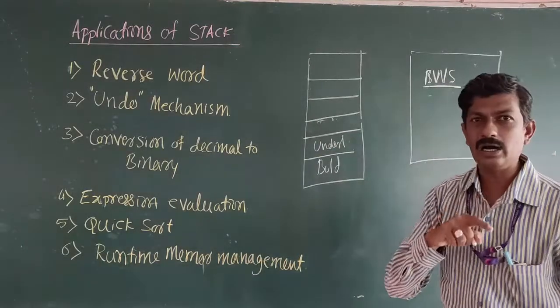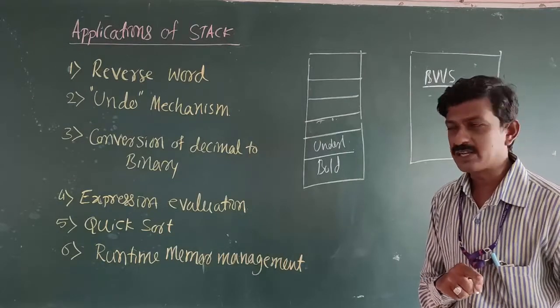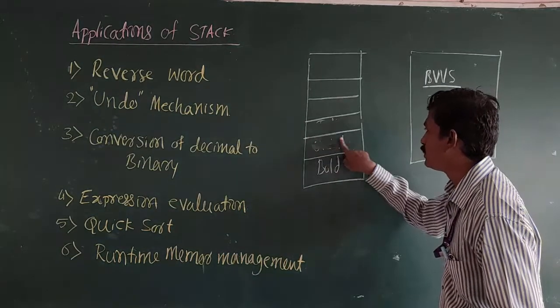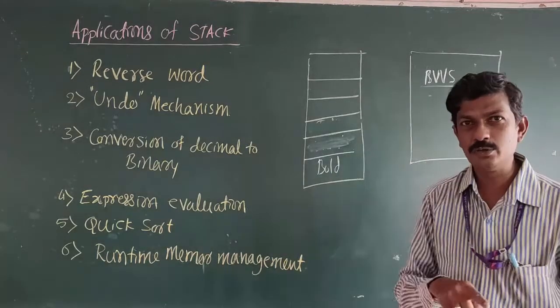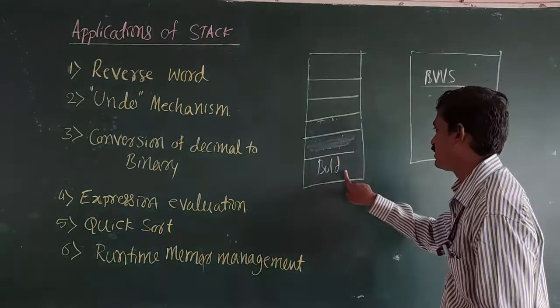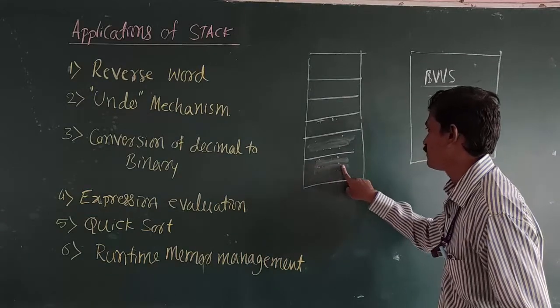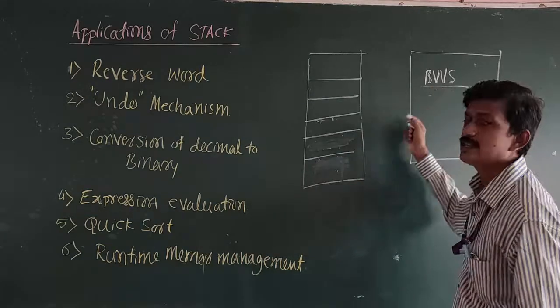Once again you perform undo, then it removes the underline. Once again you perform undo, then the bold operation we applied to this text is removed.